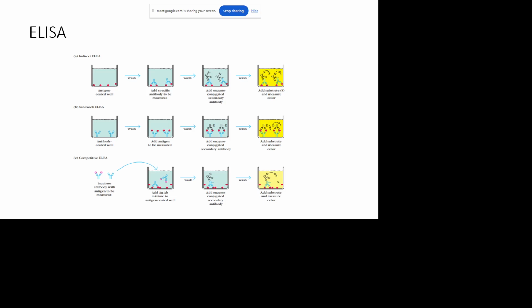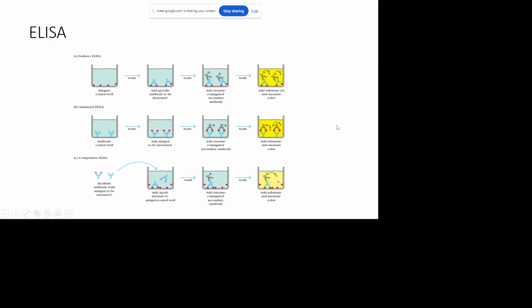For example, if the enzyme is HRP, then if you give the substrate, it will change its color, right? Now if you add the substrate, you can measure the color intensity, which is actually proportional to the antibody concentration.